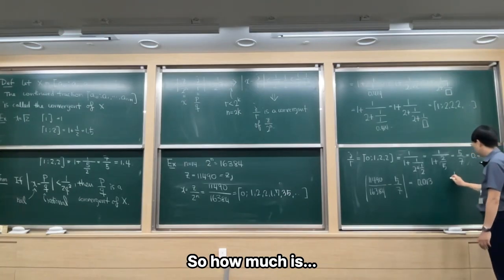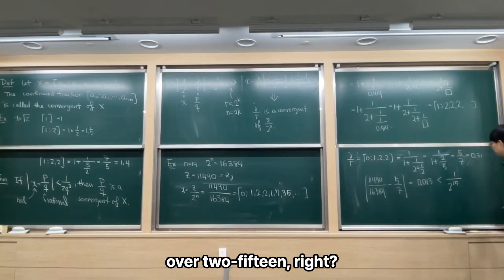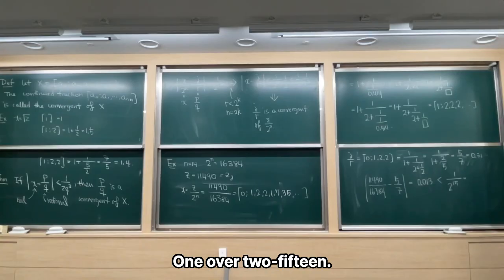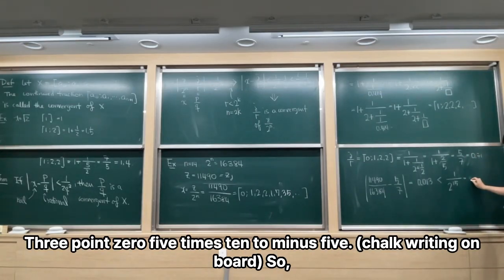So we know that this must be less than 1 over 2^15, right? How much is 1 over 2^15? About 0.05 times 10 to the minus 5.